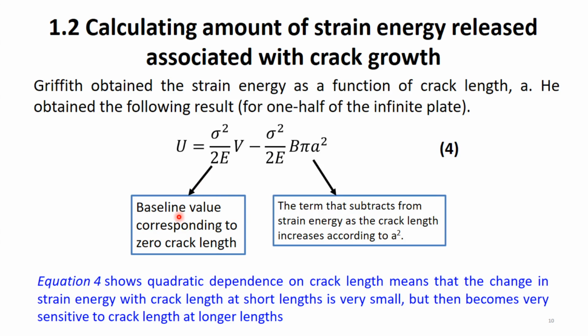This is the baseline value corresponding to 0 crack length when the material is perfect and is not broken. Minus sigma square over 2E multiplied by B pi A square.